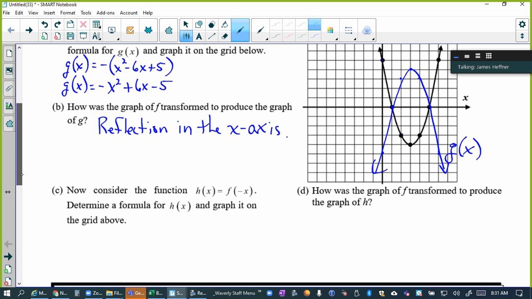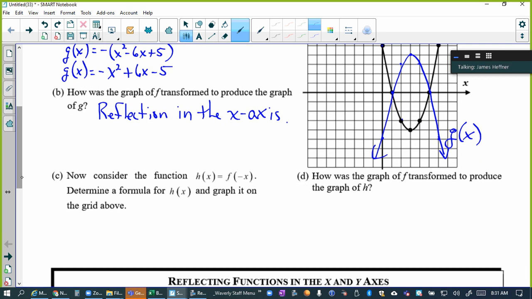Now in part C, we're going to take a look at a function that's f of negative x. So notice now the multiplying is going to happen inside the function. The negative is going to go inside some parentheses here instead of being outside and getting distributed through. So let's see how this will look.